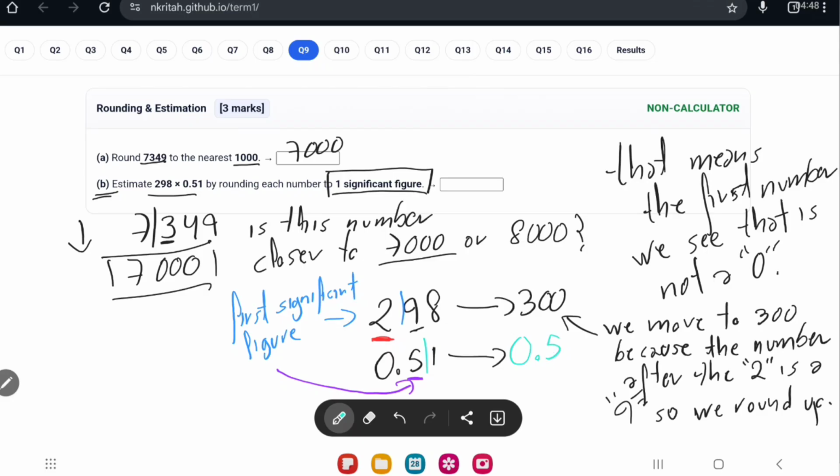And now I only need to do 300 times 0.5, which is basically finding half of 300. If you know how much is half of 300, that will make it easy, but if you're not completely sure, you can either divide by 2 or you can do the multiplication with the decimals, which I'm gonna show you on the columns method now.